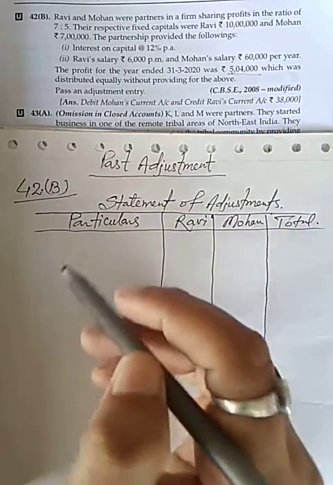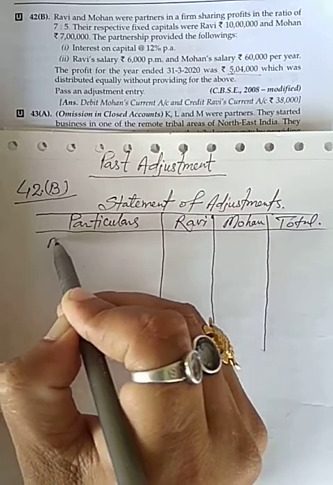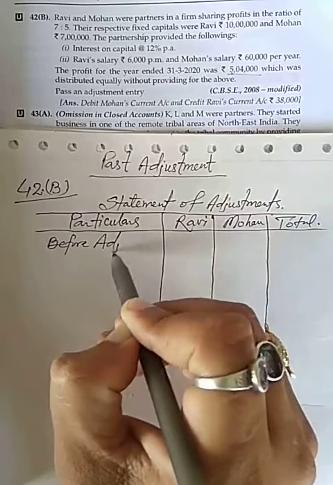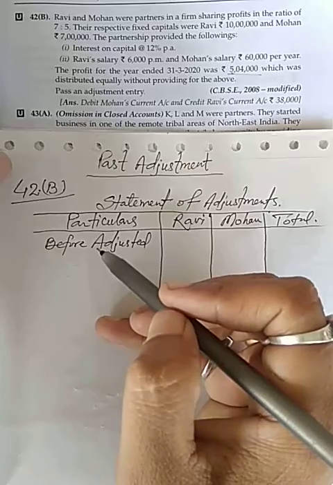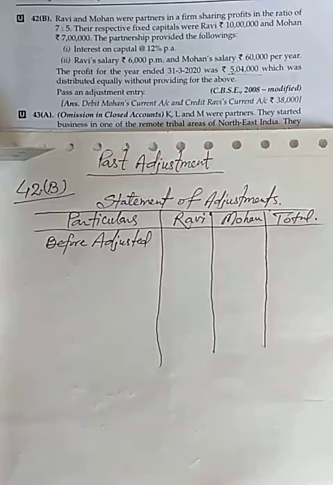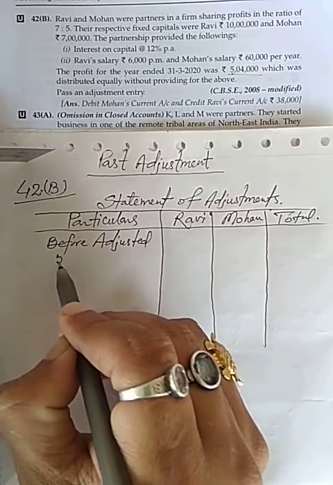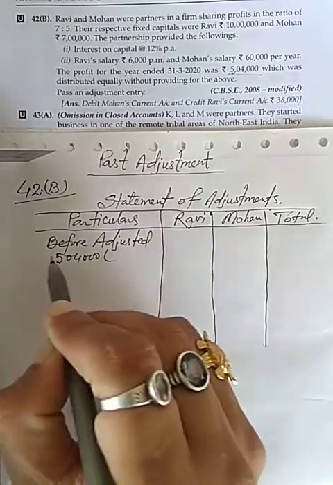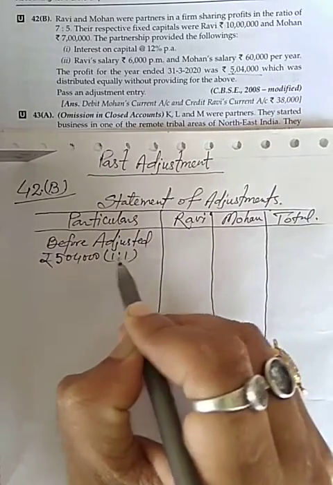So we will write before adjusted, this is 5,04,000 in the ratio of 1:1. It means equal.